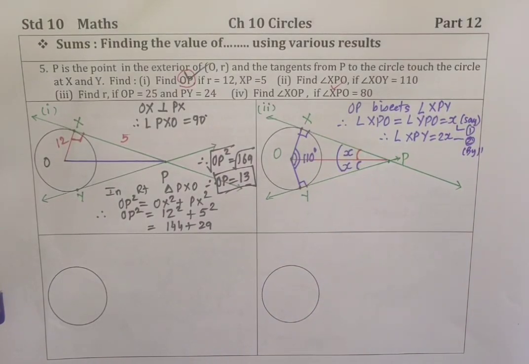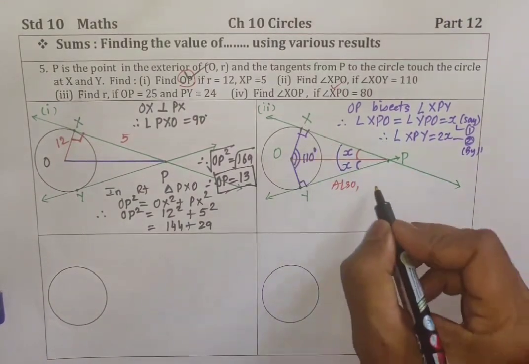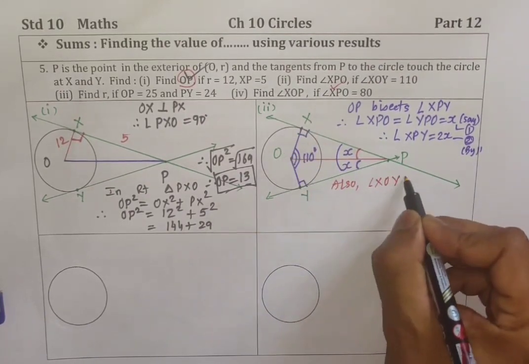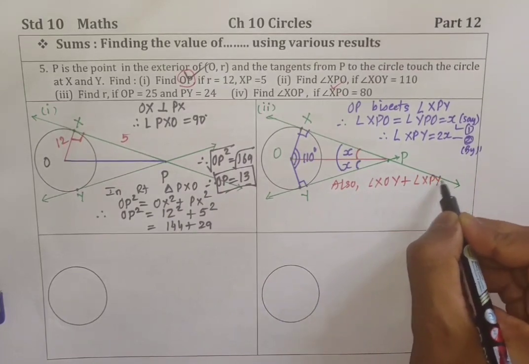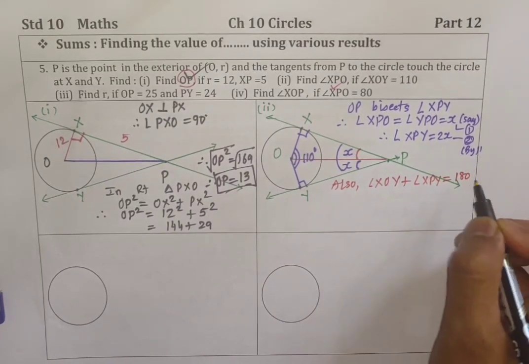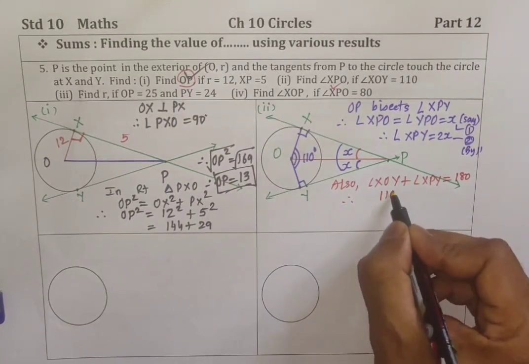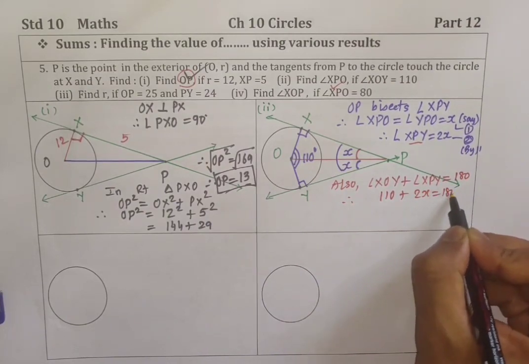Correct? Now, also the second result. Angle XOY plus angle XPY is equal to 180 by theorem. Therefore, what is XOY? 110. What is XPY? 2X. So 110 plus 2X is equal to 180.